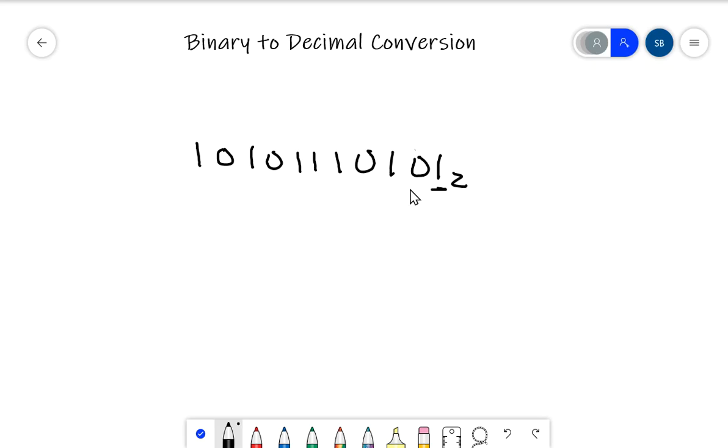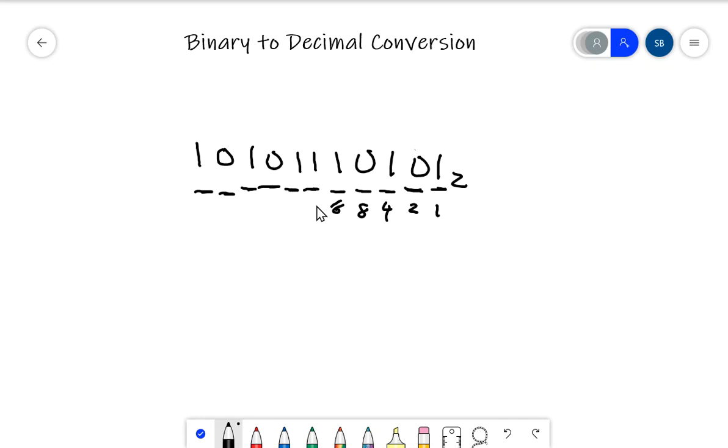So once again, you don't have to write these little underlined things. I think it helps me keep track of things, but that's up to you. So this is 1, 2, 4, 8, 16.